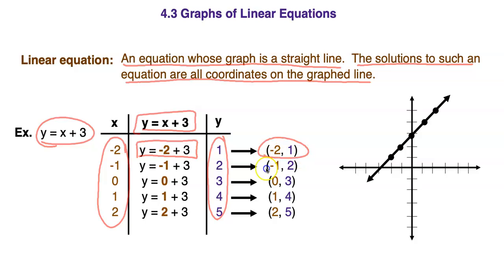And that gave us coordinates that we could actually plot on our graph over here. So -2, 1 is here, -1, 2 is here. 0, 3 would be about right there. 1, 4 here. And you'll notice that as we graph those points, they're creating a straight line. So that's why we call that a linear equation.